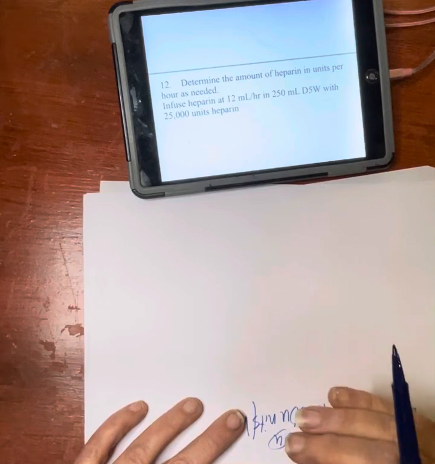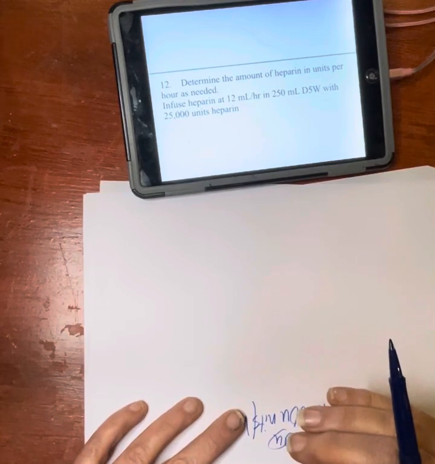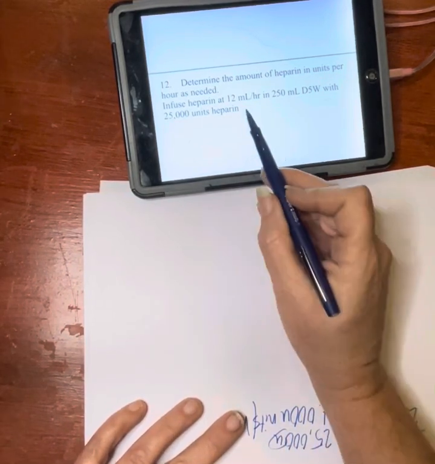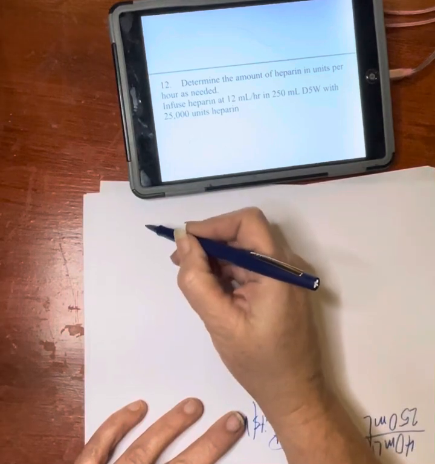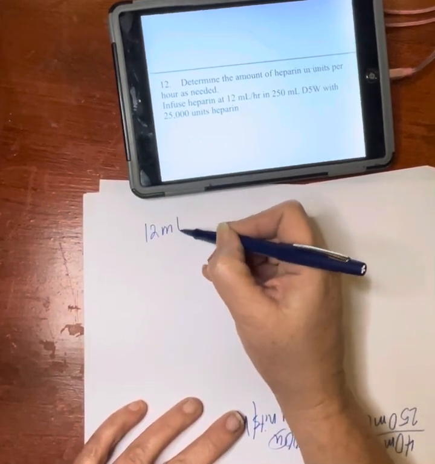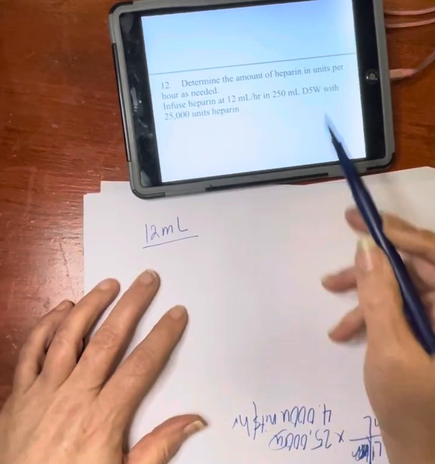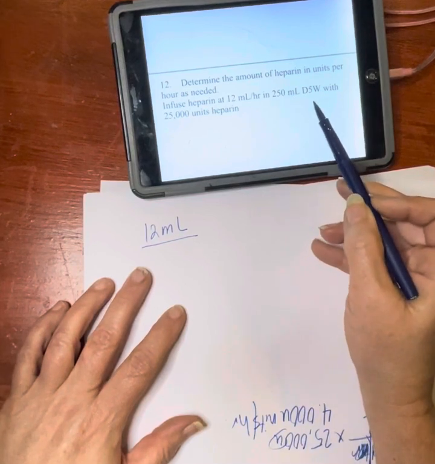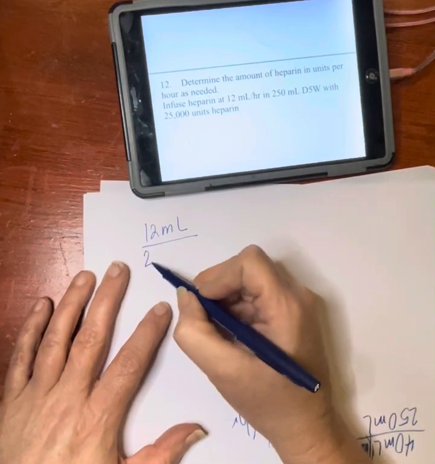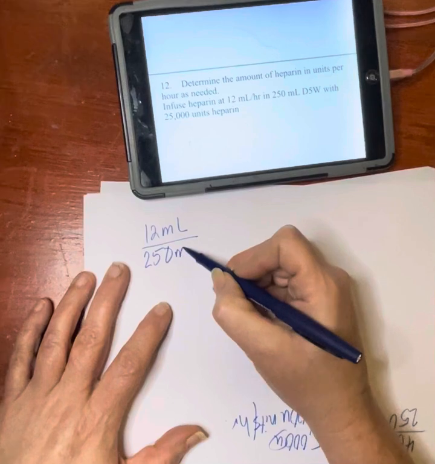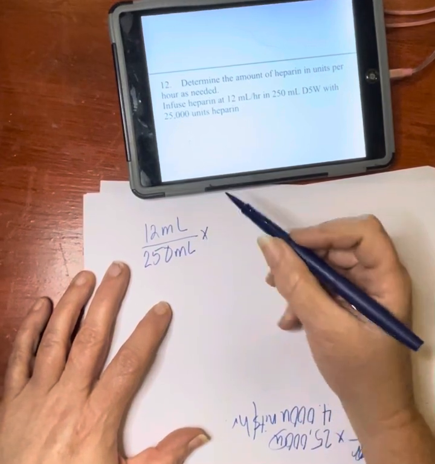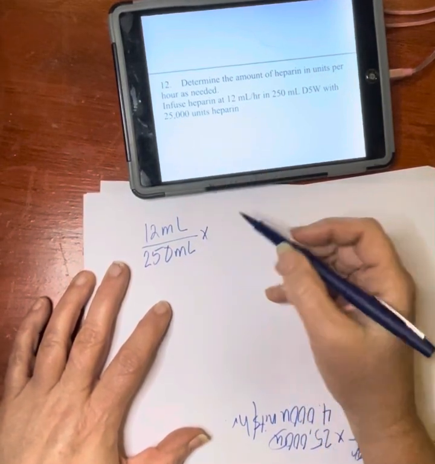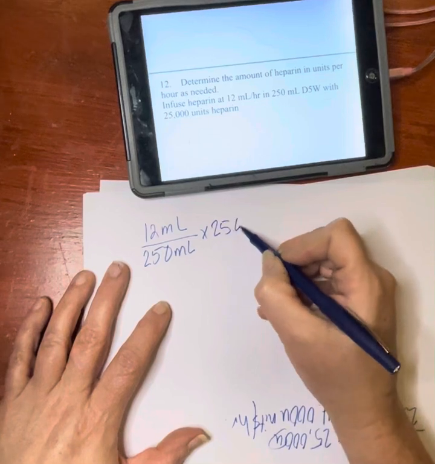Okay, now you know the mission. What does he want? He would love for that to be going in at 12 milliliters an hour. What do I have in my hand that matches that? 250 milliliters, what I got in my hand, times 25,000 units.